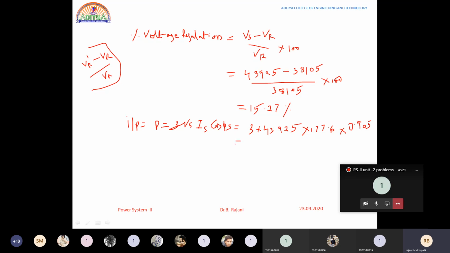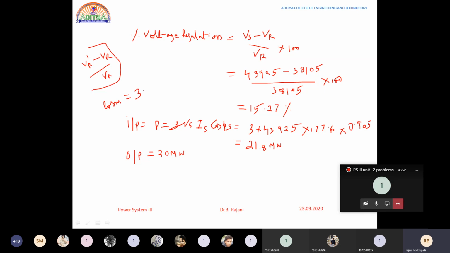This is the input power, 21.8 megawatts. In terms of megawatts we have converted, because the output power has been given as 20 megawatts. Or else we can calculate the losses as 3 into IL square R, as we did in the previous problem.